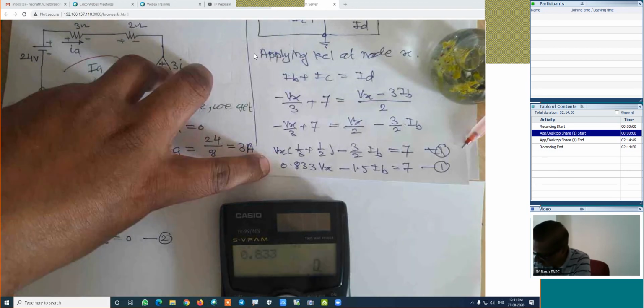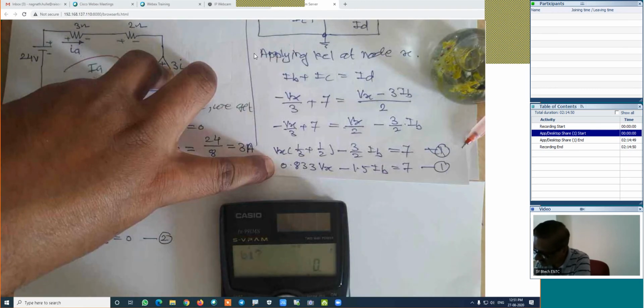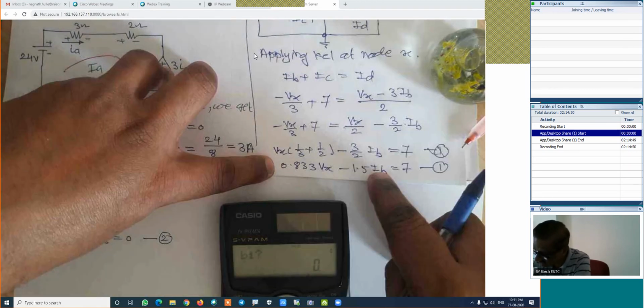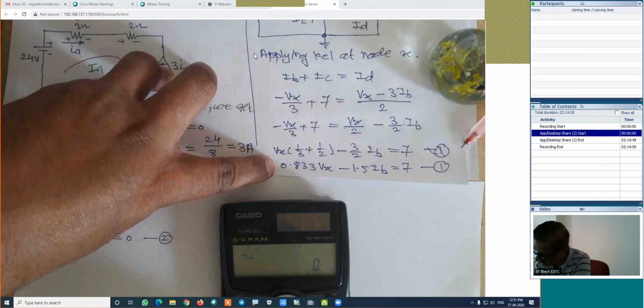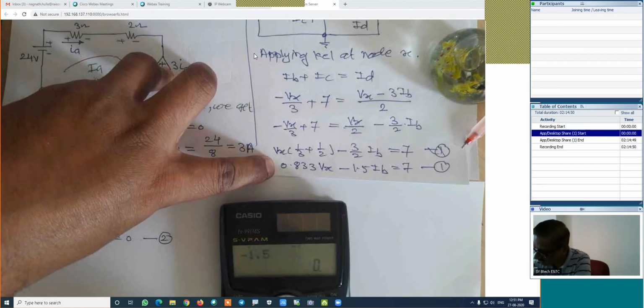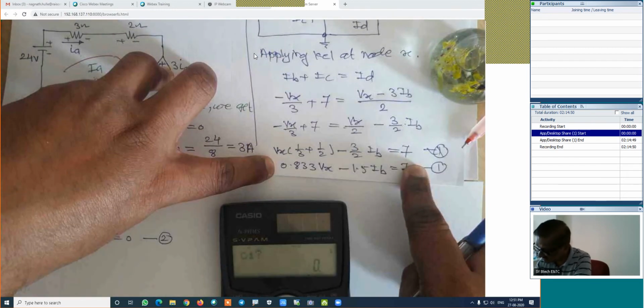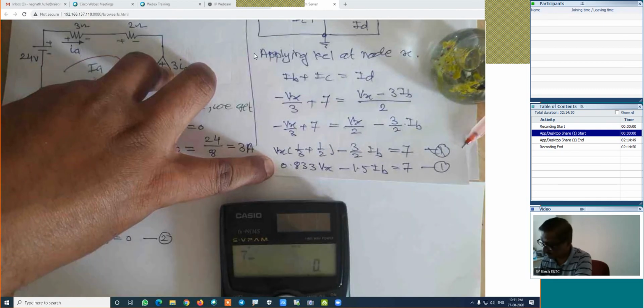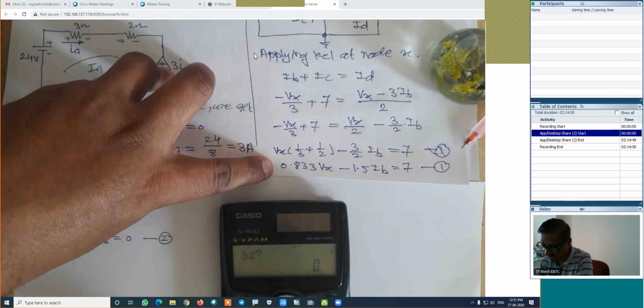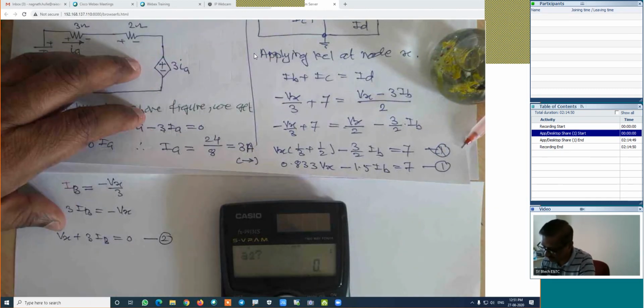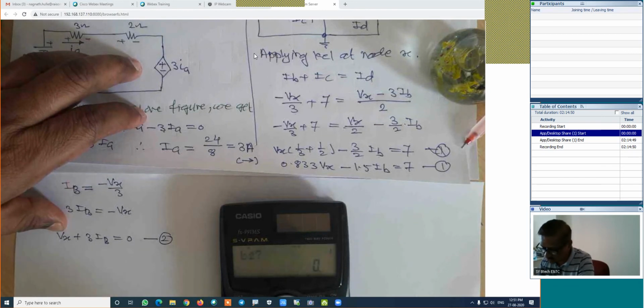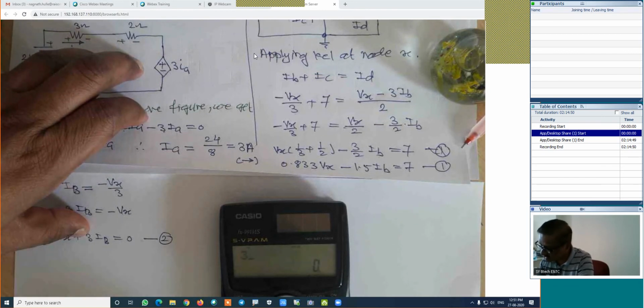0.833. This is the coefficient for the first unknown. How much is the next one? That is the next unknown, which is minus 1.5, which is equal to, how much is the constant? Constant is 7. I will put the 7. Then, how much is the A2? 1. How much is the B2? Plus 3. How much is the C2?